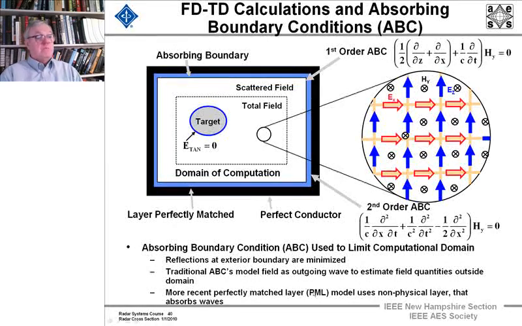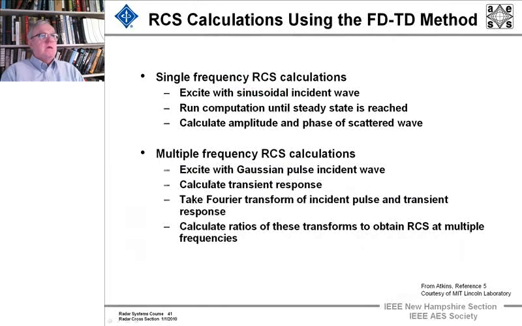And more recent perfectly matched layer conditions, you see, that model uses a non-physical layer that absorbs waves perfectly. And if you'd like to read more about these techniques, you're welcome to go to NOT, and it will give you four or five pages on them to look at.